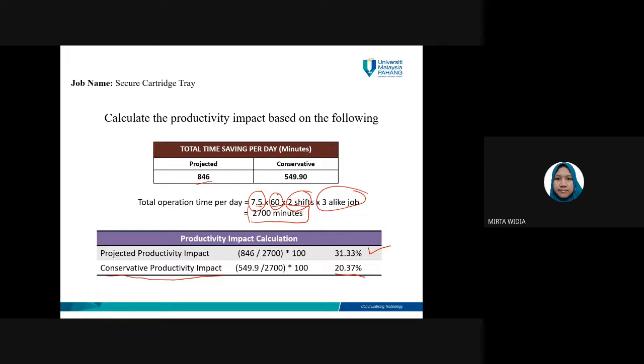So ini salah satu cara yang boleh digunakan, how we can prove to others that the ergonomic improvement will increase the productivity, and also from this method, this step analysis, we can show the cost yang boleh dijimat macam tu.